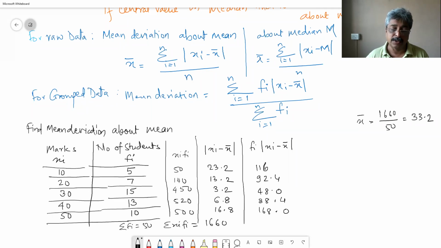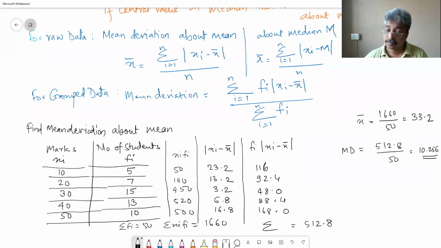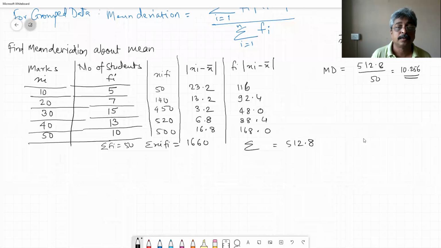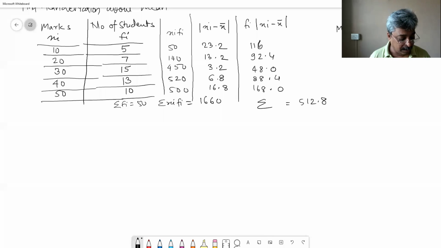So what is the sigma of this? The sigma of this is 512.8. Therefore, the mean deviation about mean is 512.8 divided by 50. Okay. Next problem. Find the mean deviation about mean and median.